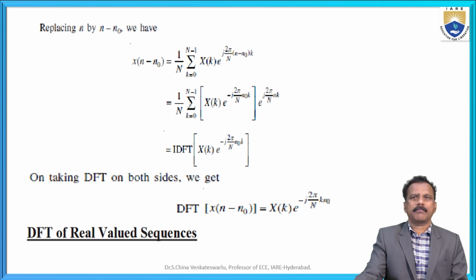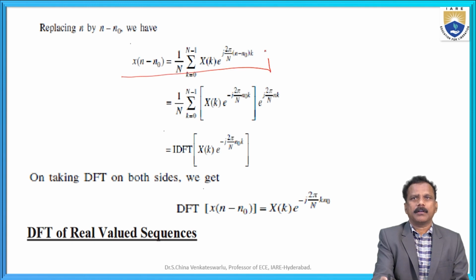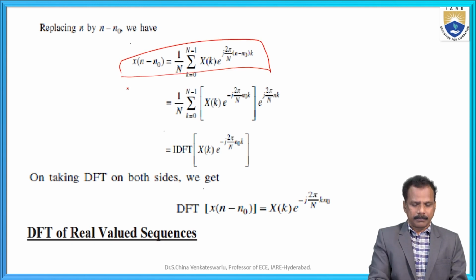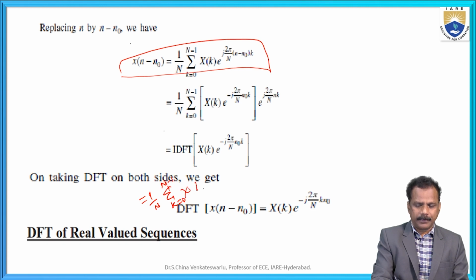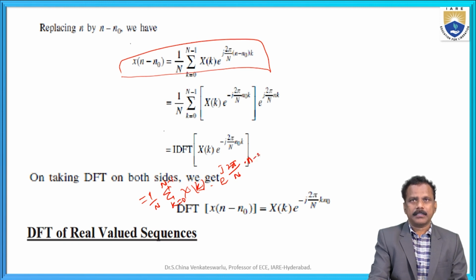We have x(n - n0), which is equal to 1 by N, the summation for k equal to 0 to N - 1 of X(k), the DFT, into the twiddle factor e to the power j 2 pi by capital N into (n - n0) into k.